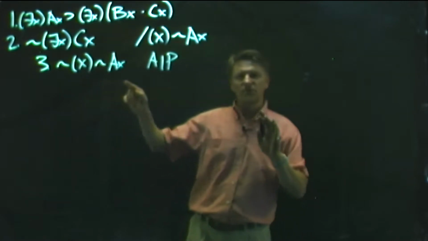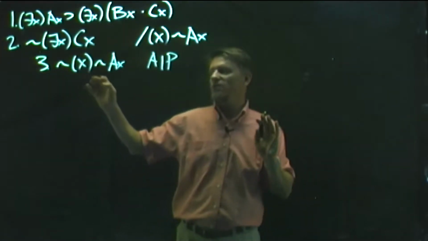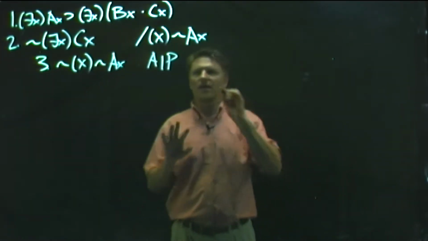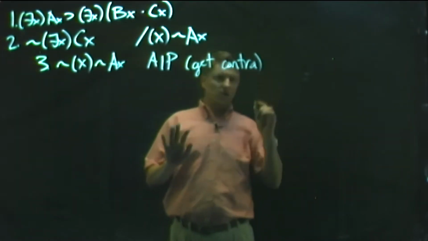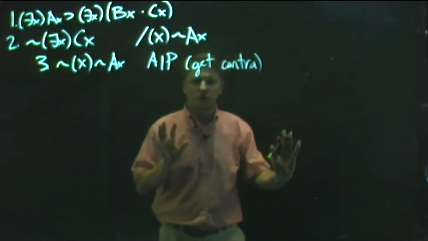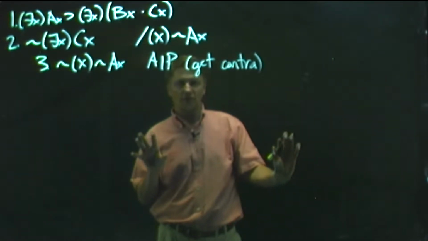So this is our assumption for indirect proof: tilde for all x, tilde Ax. And what we're trying to get then is a contradiction, right? We are trying to get a contradiction when we do indirect proof.